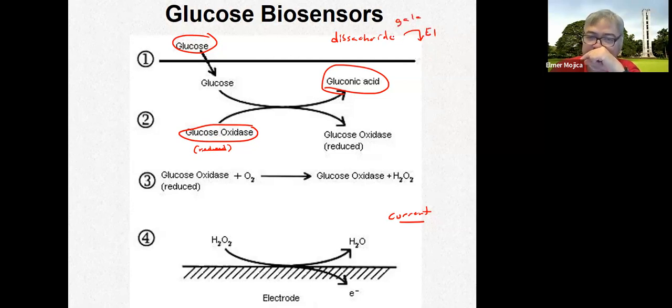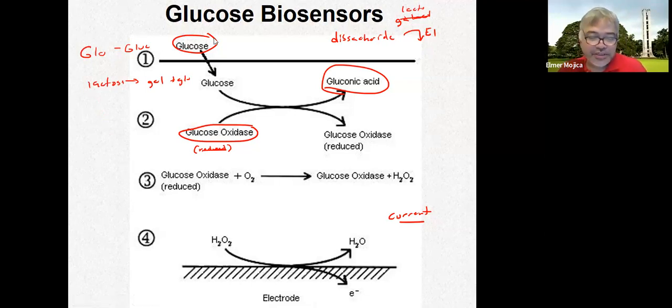I'm not sure if it's lactose. You have a glucose and another glucose. What disaccharide is that? Anyone? Is it maltose? But lactose produces galactose and glucose, am I right?